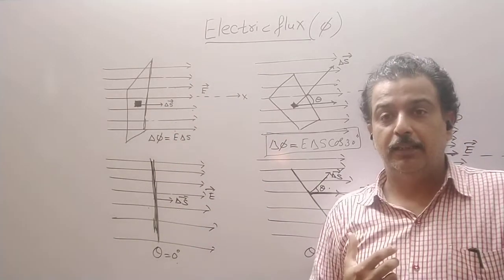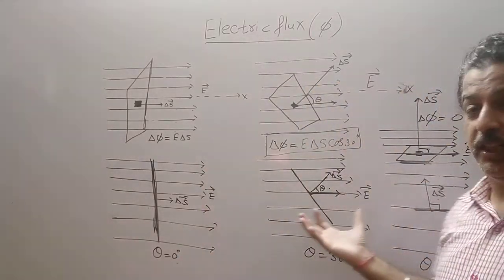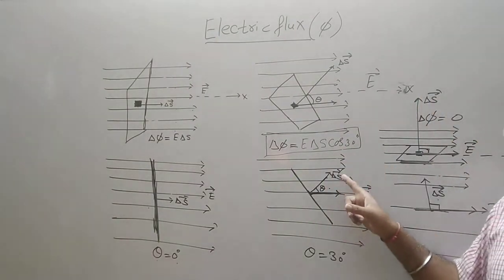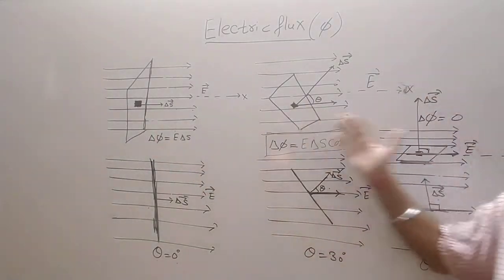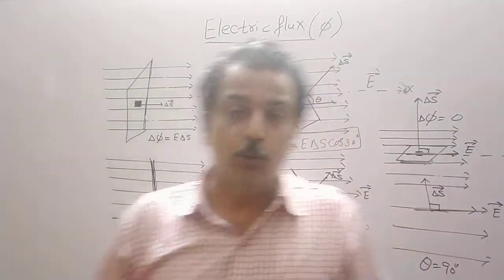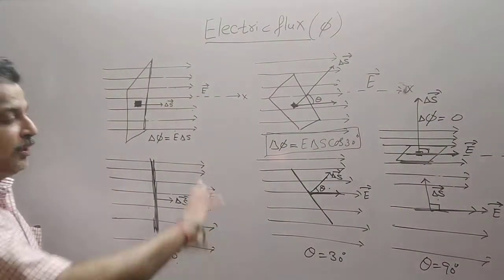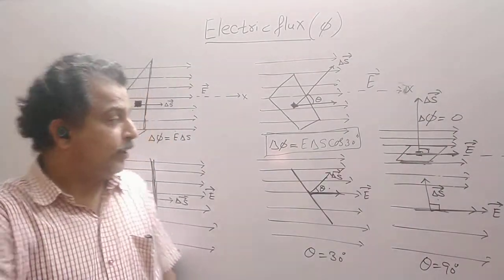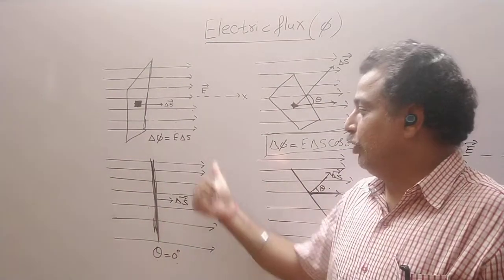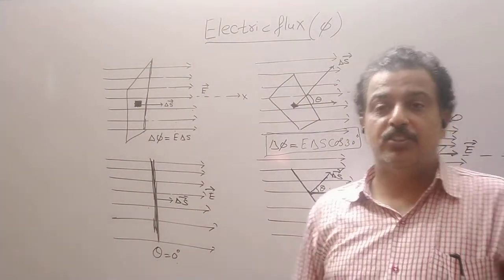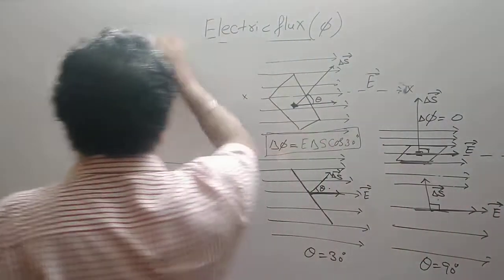If it is in my hand, I will always hold the area normal, and if the orientation is given, you have to consider theta between S vector and E vector. Here I have taken 3 different orientations to explain that the intensity will keep on decreasing because the orientation of the area vector, which here we denote by delta S, is changing.